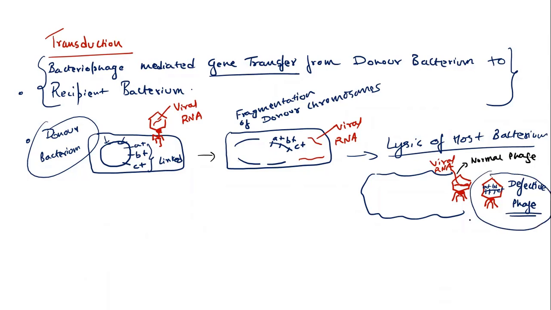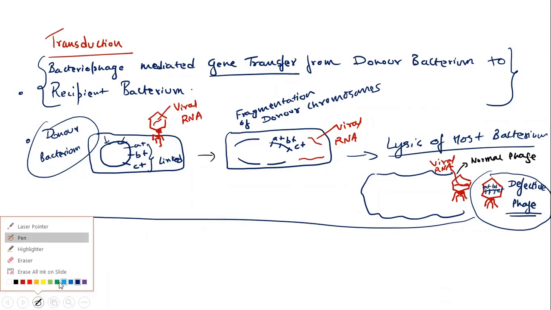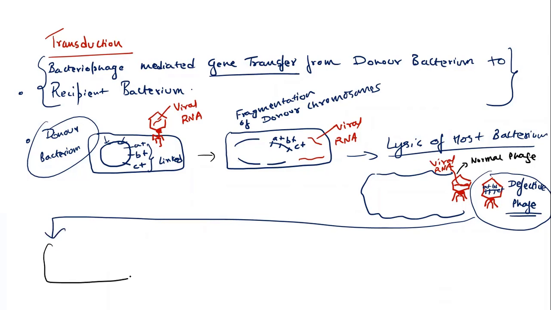Now let us see what will happen if this defective phage attacks a particular recipient bacterium, which is A minus, B minus, and C minus. Let's say this defective phage has attacked at this particular point. Once it has attacked, it will push this RNA in, which is once again A plus, B plus, C plus, right?